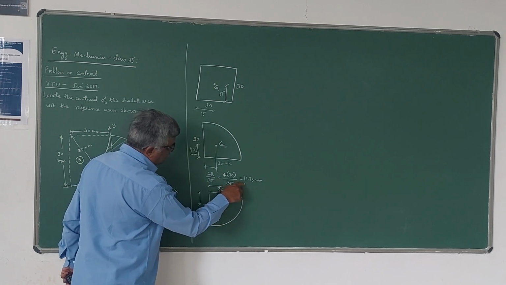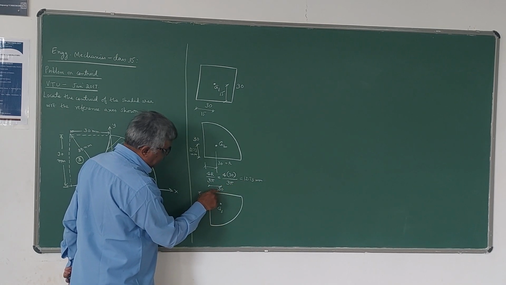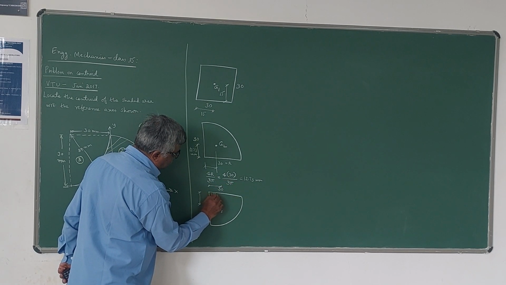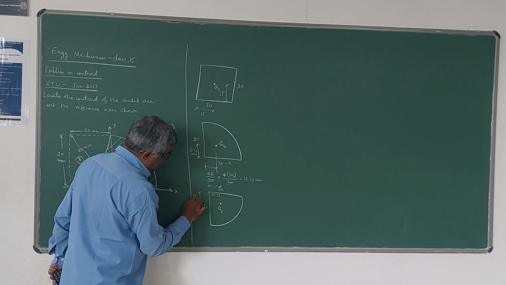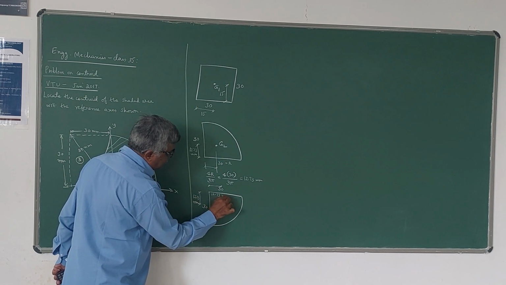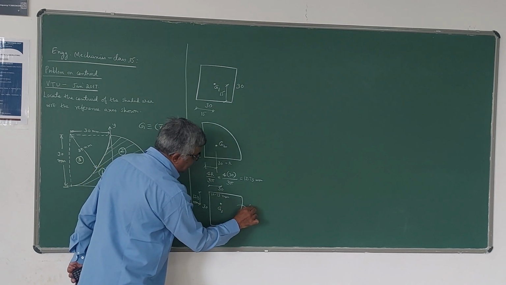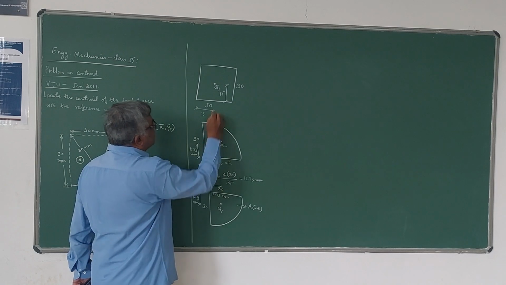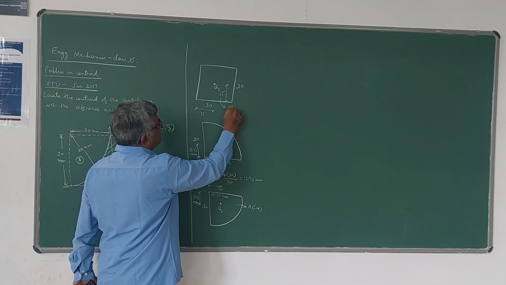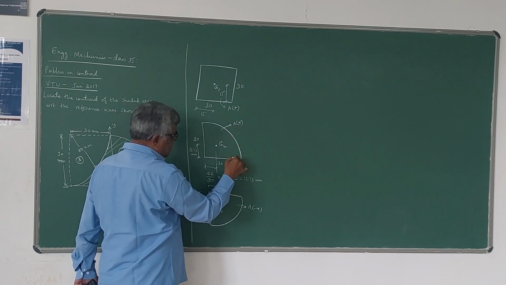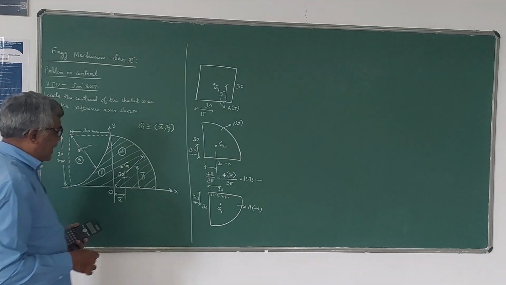Since r is 30, 4r by 3 pi will be 12.73 mm, and this is also 12.73 mm. The only thing is this area is negative because it's a cutout portion. This area is positive, whereas area of this quarter circle is negative.